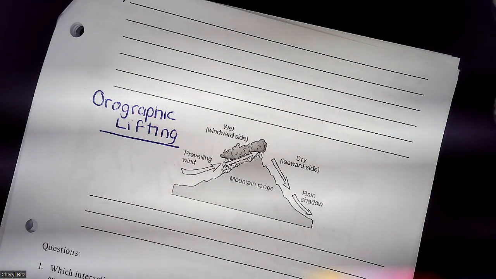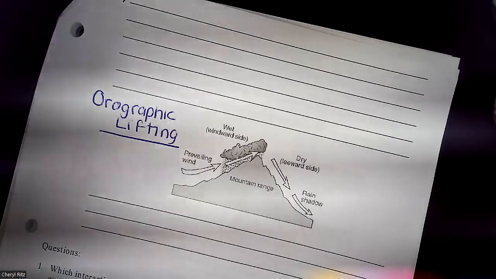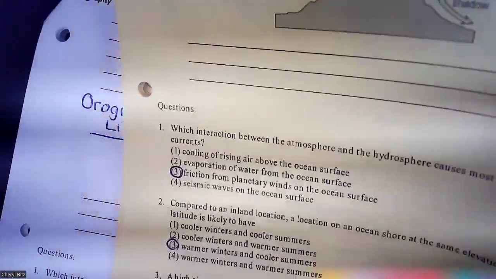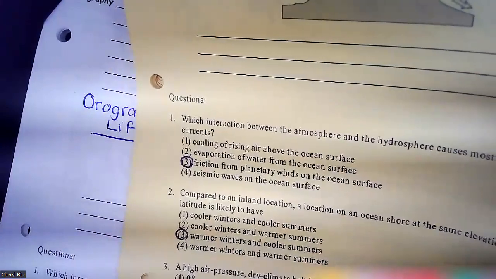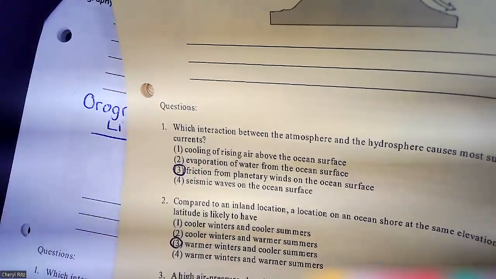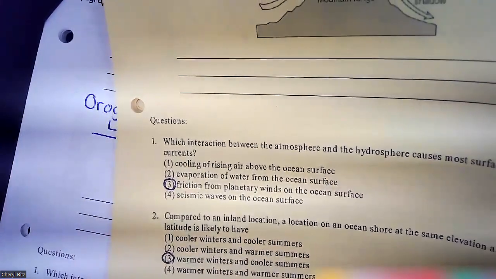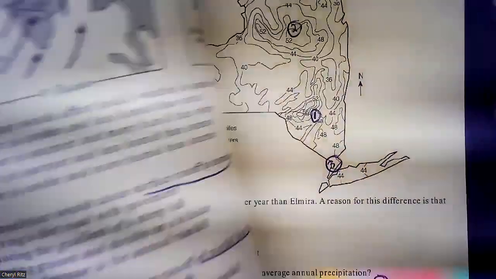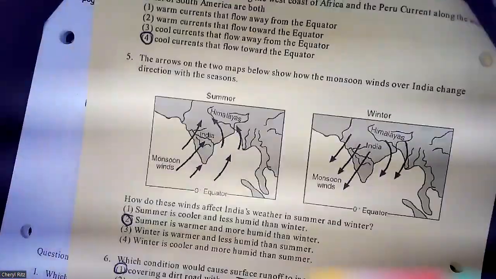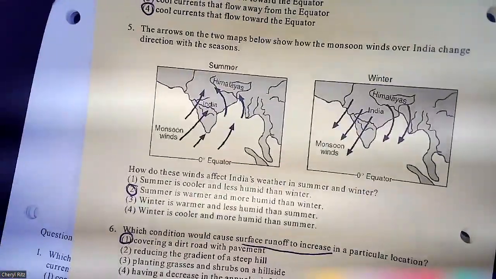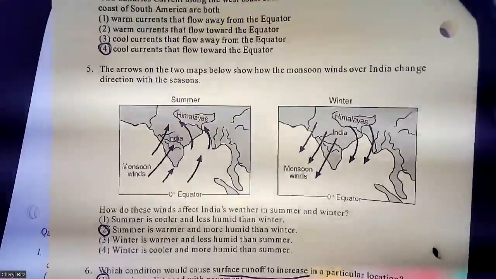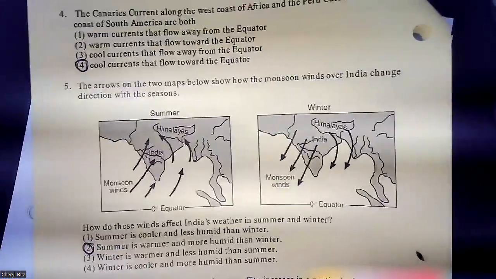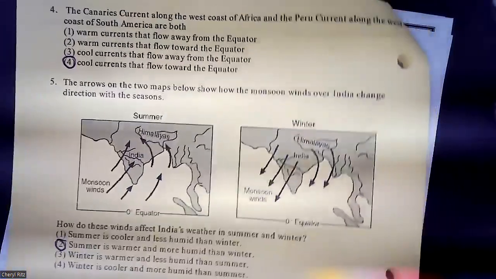Ready for the answers starting on page 15? Number 1 is 3, good. Number 2 is 3. Number 3 is 2. If you got them wrong, change your answers right now. Page 16. Number 4 is 4. Number 5 is 2. Did anybody think to themselves "strong seasonal winds" while reading this? Yeah. Okay, good.